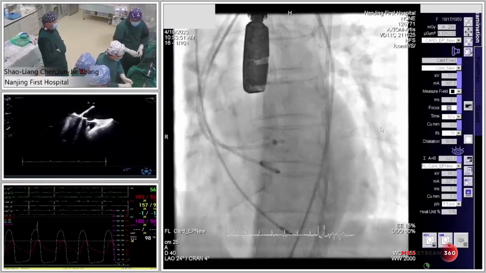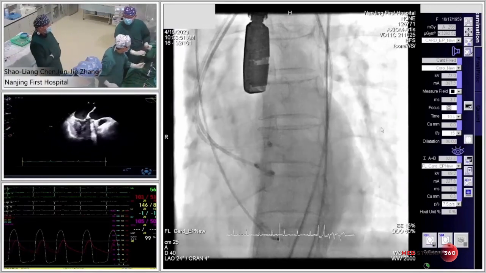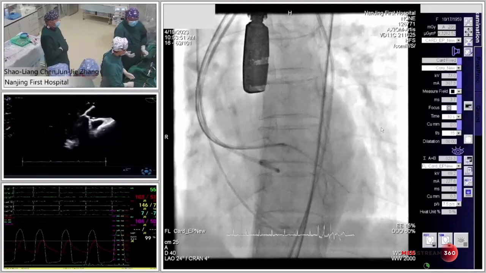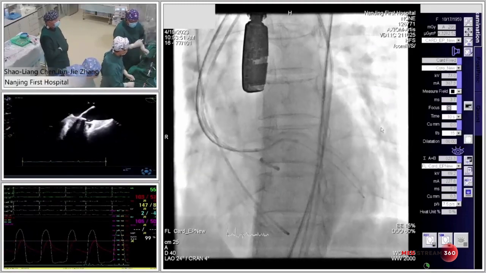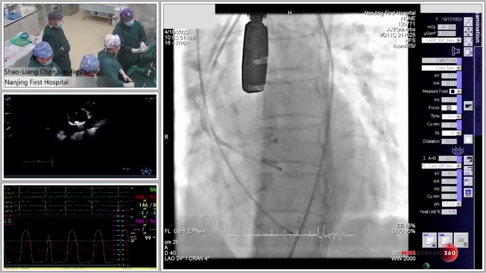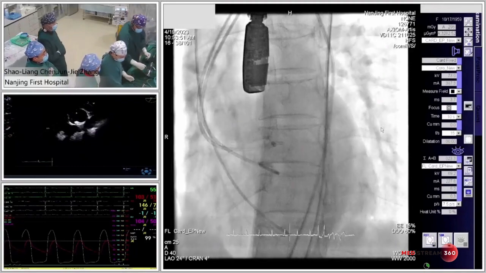I will start my procedure, Professor. I will insert the long Confida wire. It's a support wire, very strong support for the valve device crossing into the LV. You can see this is not a pre-shaped wire, so I use this cassette to shape the wire.